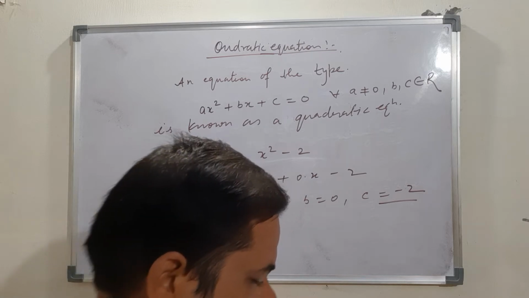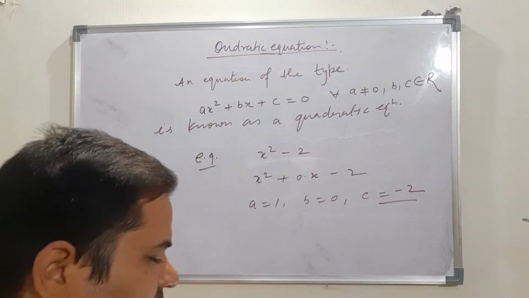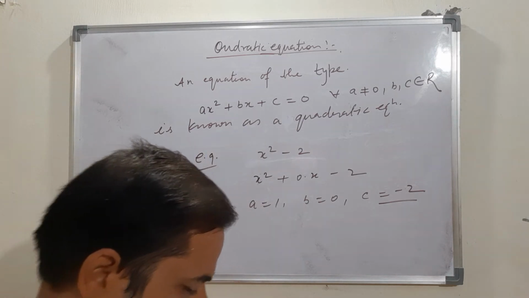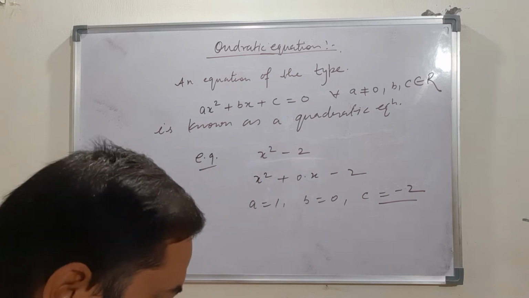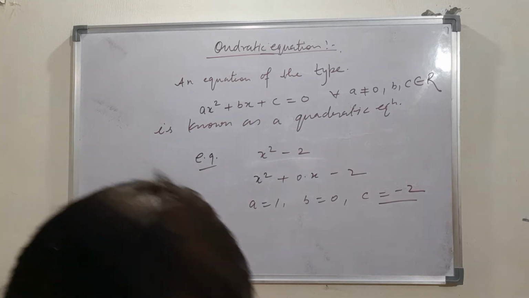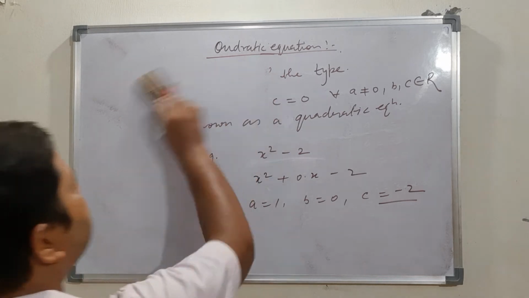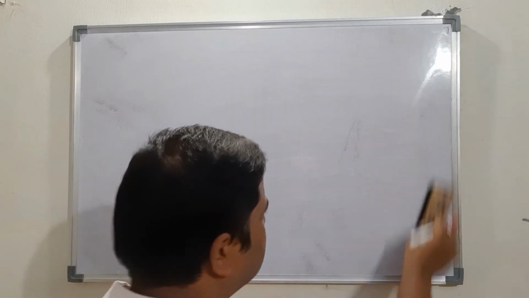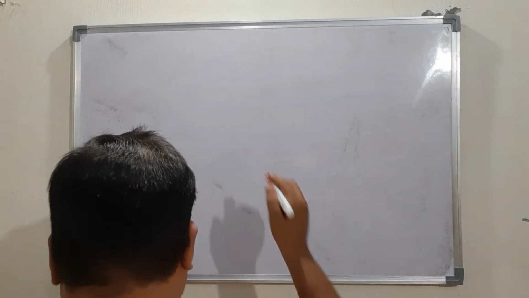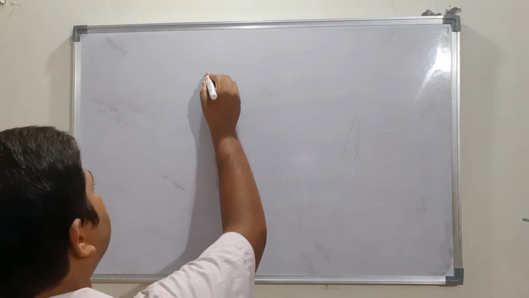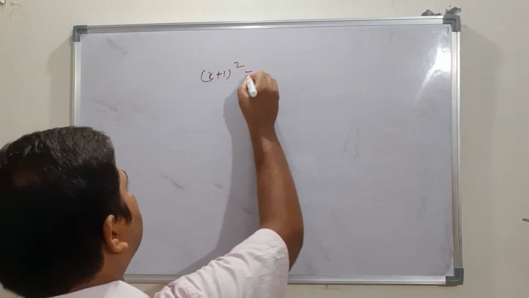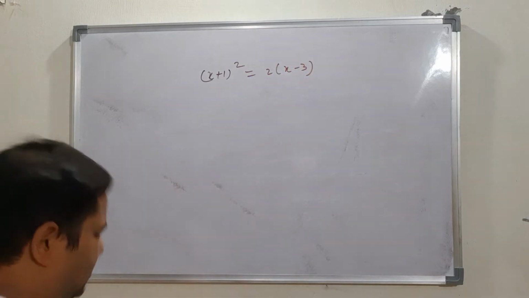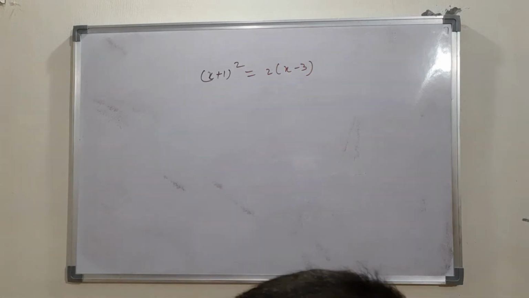Check whether the following are quadratic equations. The first one is x plus 1 whole square equal to 2x minus 3. Check whether this one is a quadratic equation or not.